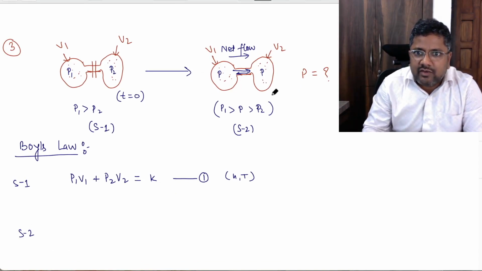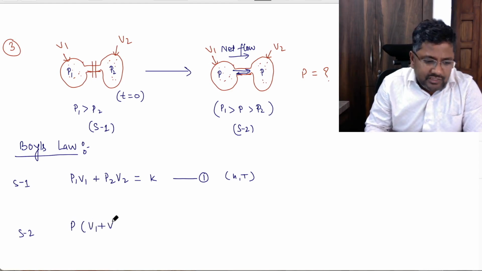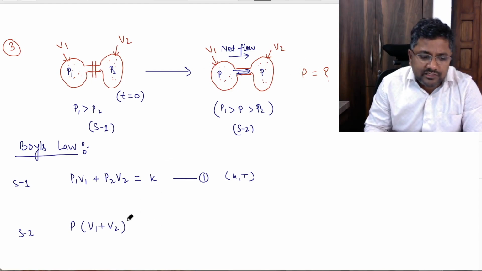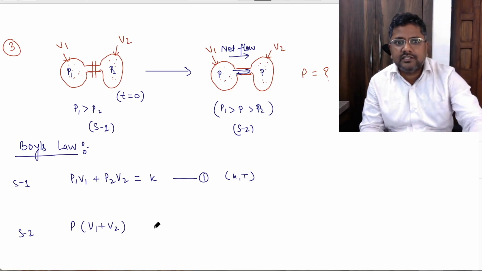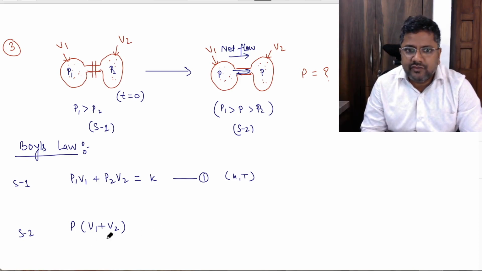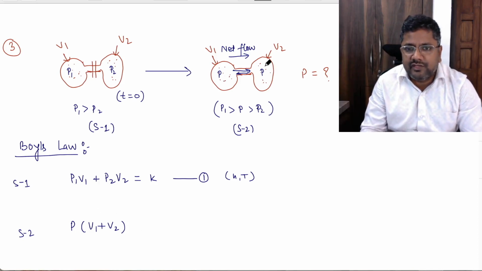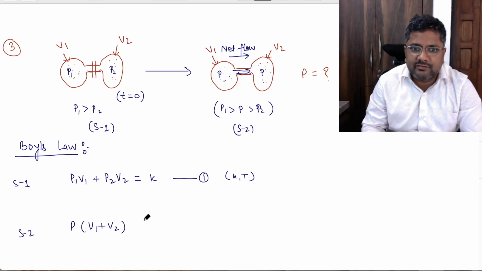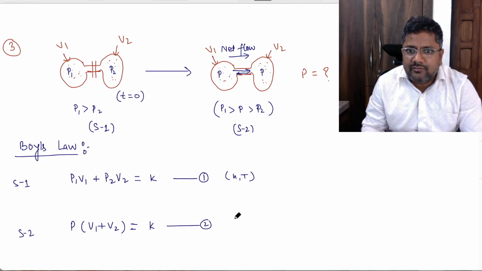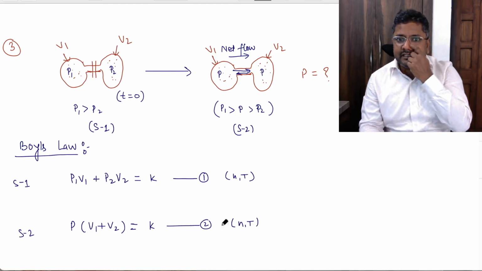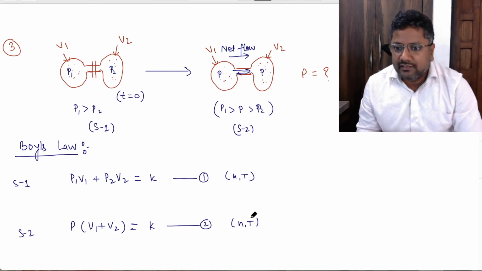This time you have to take the total pressure, and you know the total pressure is P. And what is the total volume? This time V1 plus V2, and this connecting volume is negligible. This is also equal to K, because the value of K depends on N and T, and it is independent of P and V, right?